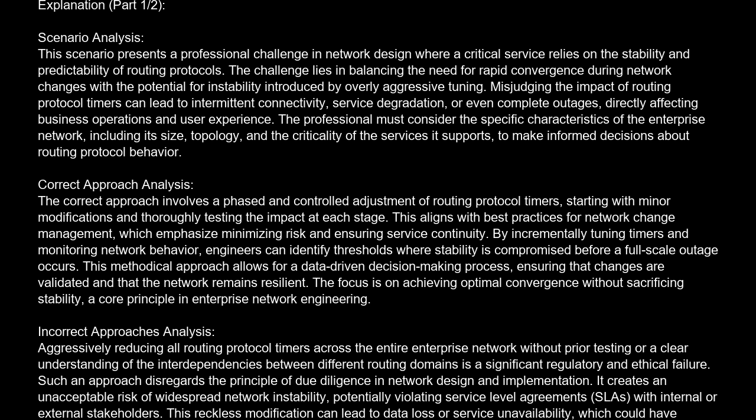By incrementally tuning timers and monitoring network behavior, engineers can identify thresholds where stability is compromised before a full-scale outage occurs. This methodical approach allows for a data-driven decision-making process, ensuring that changes are validated and that the network remains resilient. The focus is on achieving optimal convergence without sacrificing stability, a core principle in enterprise network engineering.